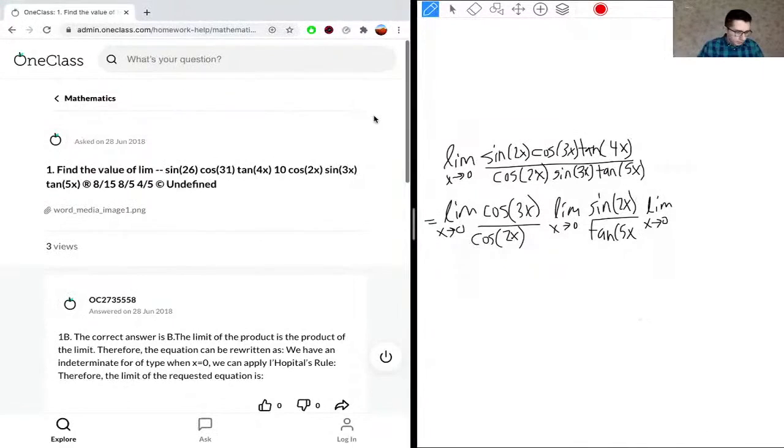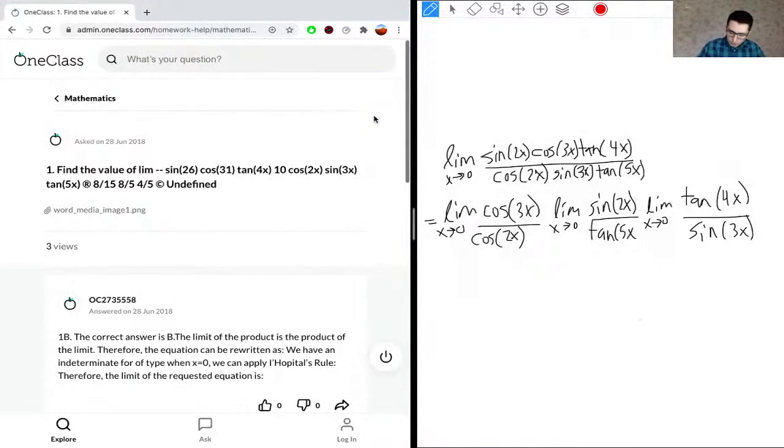So we have tan 4x over sine 3x. So we can see how these two are equivalent. We just split up the limit into 3 separate limits.